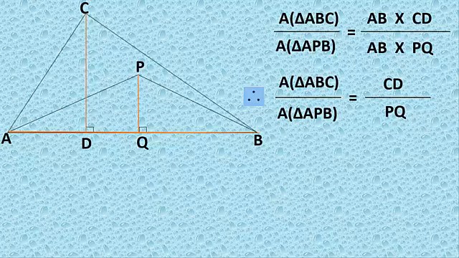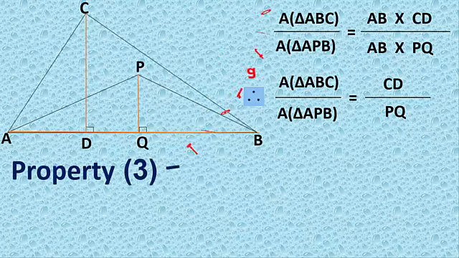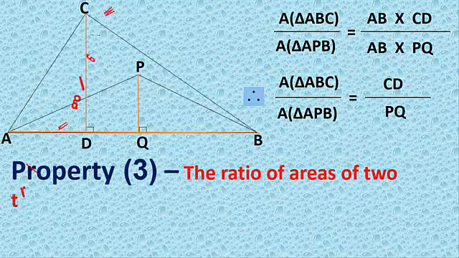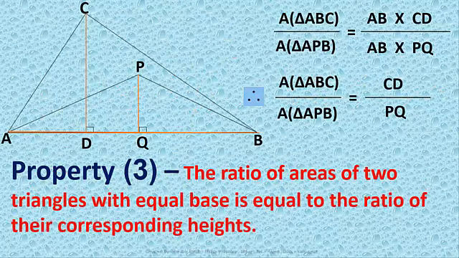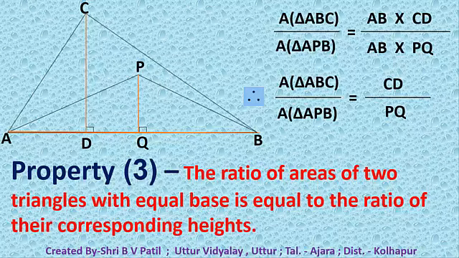Hence, we get the property: for both triangles AB is the base and that is equal base. Therefore, areas ratio proportional to their heights. Therefore, we get property number 3. The ratio of areas of two triangles with equal base is equal to the ratio of their corresponding heights.